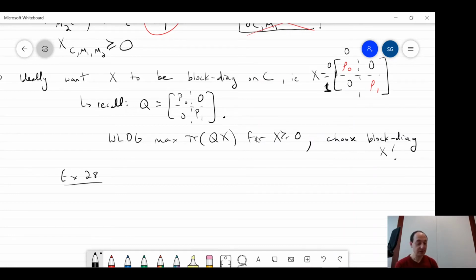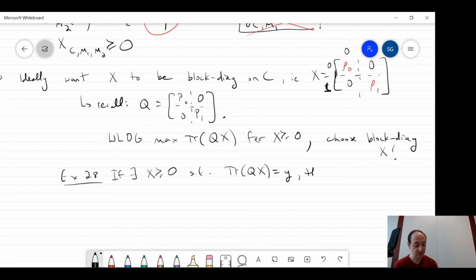And the reason why this holds is, let me write it this way. Suppose there exists an arbitrary x such that trace of Qx equals, let's pick some name, y.